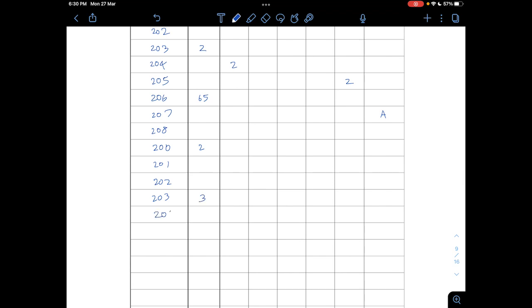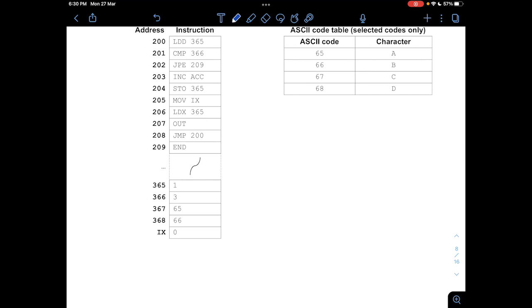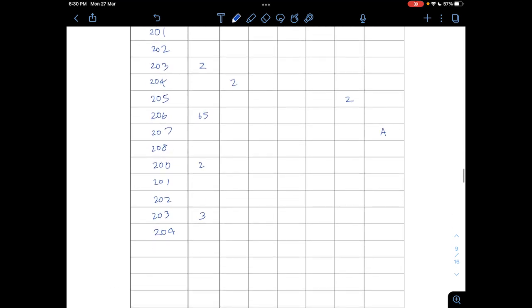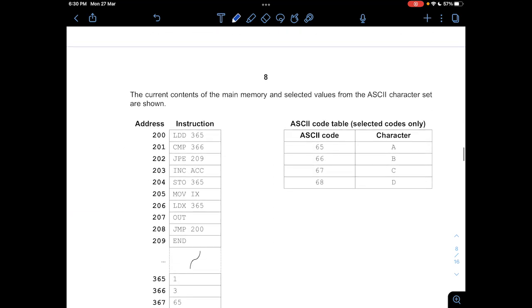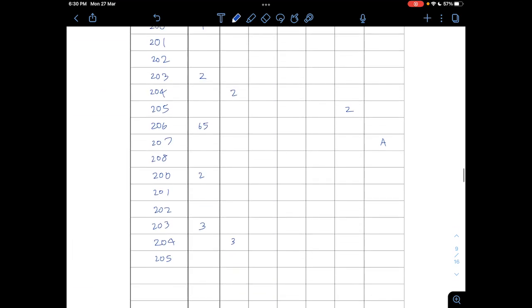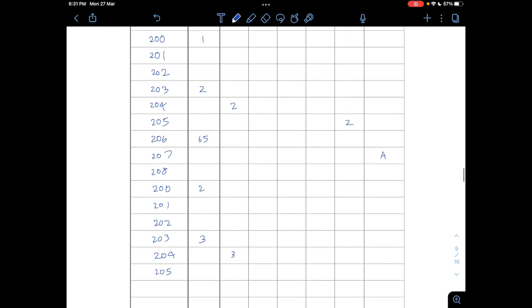Now we move on to 204, same process again, which is to store the data of the accumulator into memory address 365, so we get 3. And then 205 would be move the data of the accumulator to the index register. So that would be here, right?